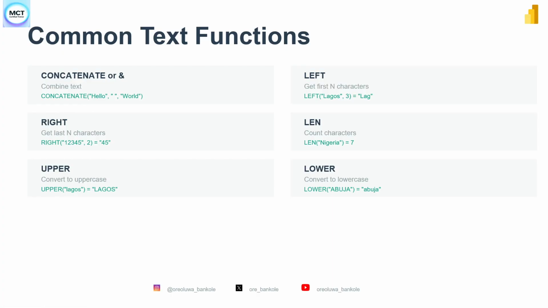Concatenate allows us to combine text together, whether text or columns. Then we have left, which allows us to get the first n characters starting from the left side. Then we have right, the opposite of left, which allows us to get the last n characters.